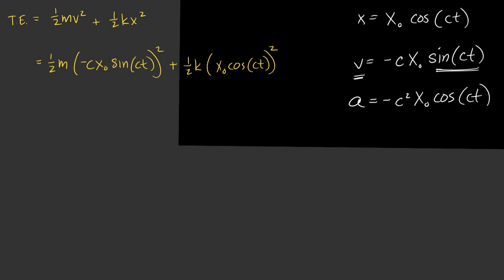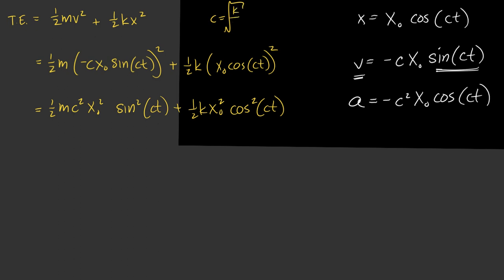Let's go ahead and expand this. I get 1/2 mc squared x naught squared sine squared ct plus 1/2 k x naught squared cosine squared ct. That doesn't tell me very much yet, except C equals the square root of k over m for a spring mass oscillator upon which this is based.